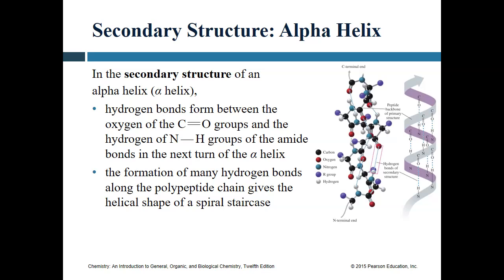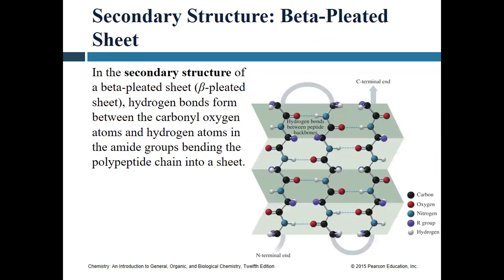A second type of secondary structure is what is called the beta pleated sheet. Structurally speaking, very similar in terms of what's happening at the molecular level.